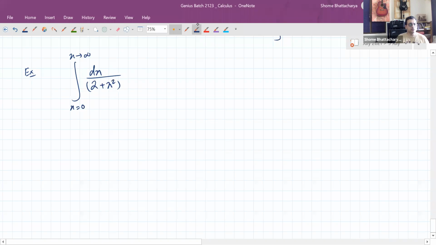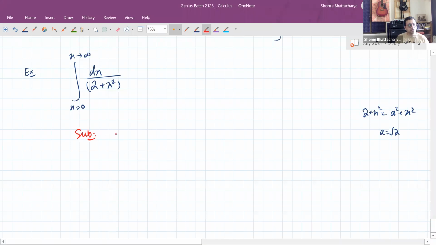So here we will start with the substitution. Now you'll notice the a square term. Now we'll think of 2 plus x square as a square plus x square. So a is root 2.